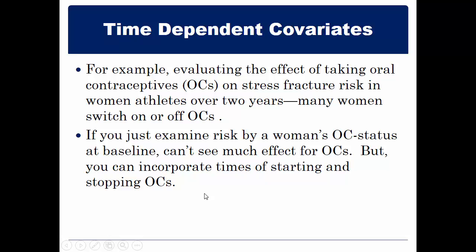We could be switching on or off oral contraceptives, so it'd be very difficult to get out using just Cox regression and assuming a proportional hazards model any effect of oral contraceptive use on risk of stress fracture. If you just examine risk by a woman's status at baseline, you may miss any meaningful effects.